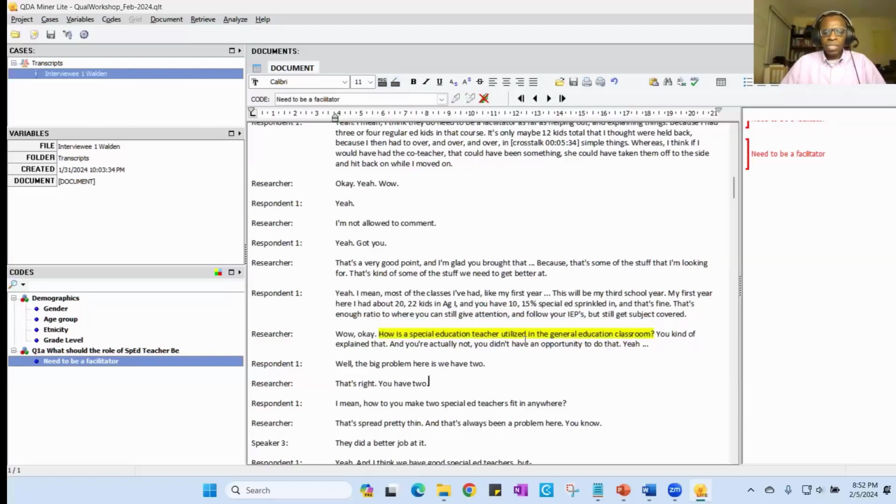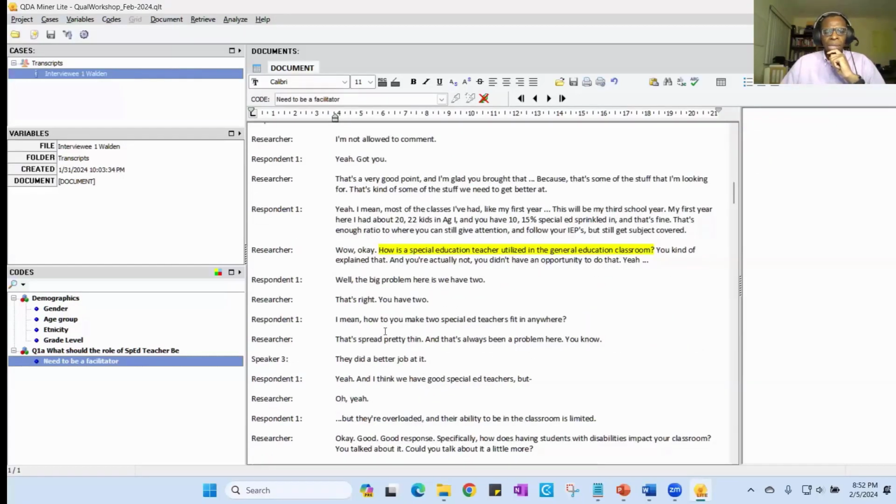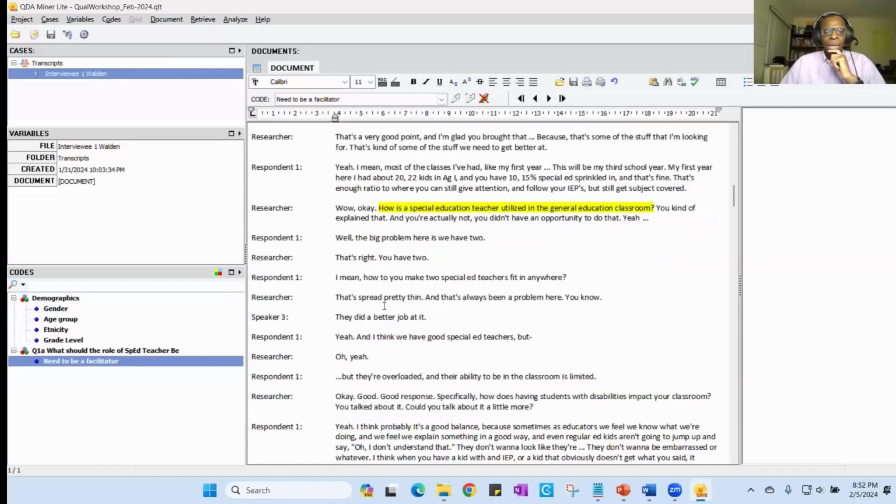How is your special education teacher utilized in the general education classroom? You kind of explained it, and you didn't even have the opportunity to do that. Yeah. Well, the big problem here is we have 2. That's right, you have 2. I mean, how to make 2 special ed teachers fit in anywhere.